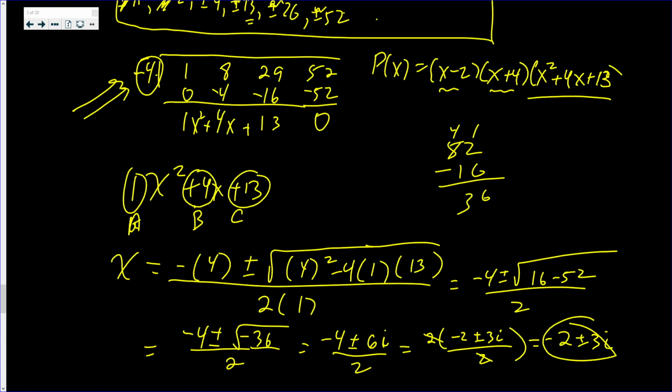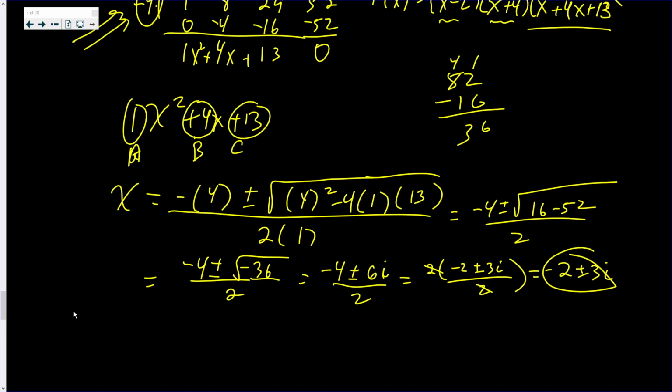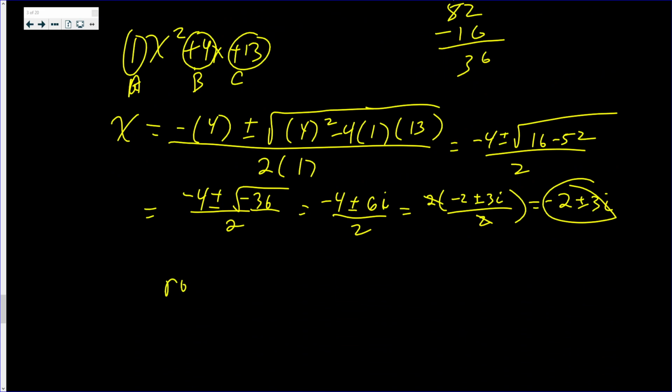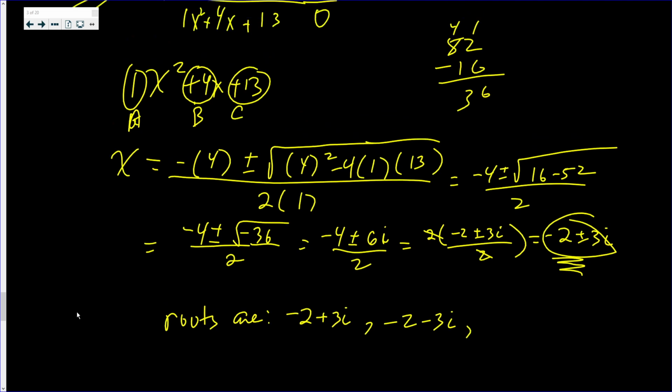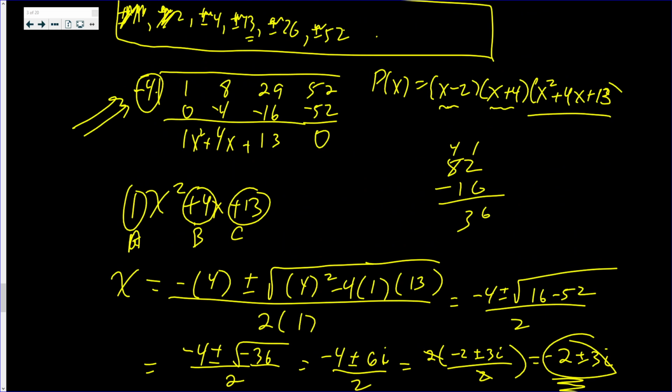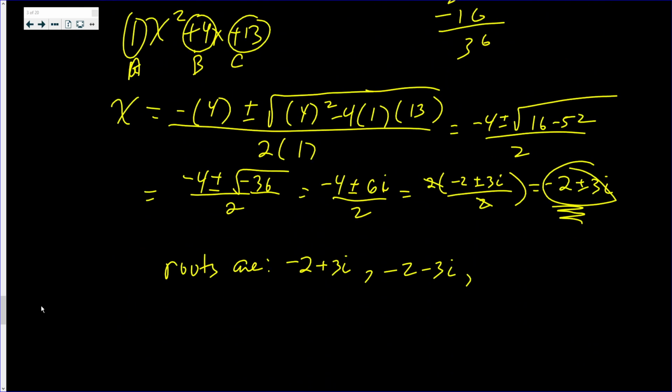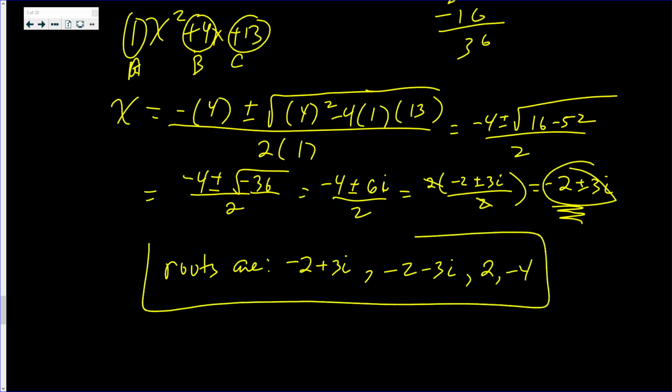So the instructions are to find the roots. Well, the roots are negative 2 plus 3i from here, negative 2 minus 3i from there, and earlier on we found out 2 and negative 4. Those are the 4 roots of that 4th degree polynomial.